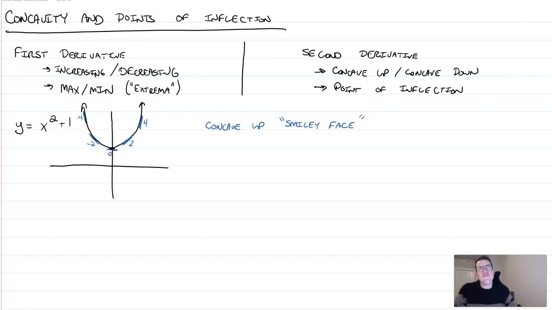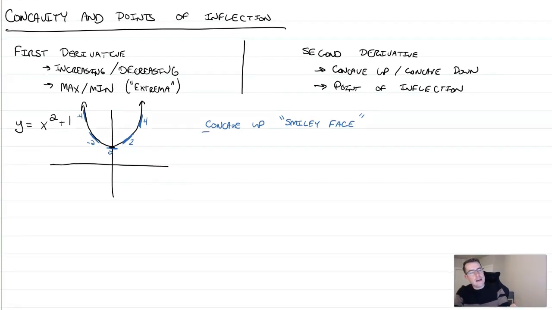Now there is a full definition that we can write. It says if f is differentiable on an open interval, then it's concave up if its tangent lines have increasing slopes. So maybe we should just jot that down. So concave up.